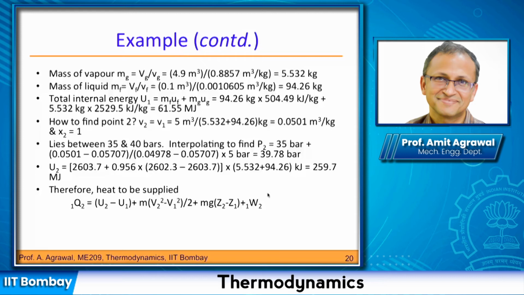We are assuming that there is no change in the potential energy or the kinetic energy. And these are reasonably good assumptions because we are not changing either the height of this container or moving it at a different velocity. So therefore there is no change in the kinetic energy and the potential energy. So we are essentially left with U2 minus U1. So the required amount of heat is essentially these things here.